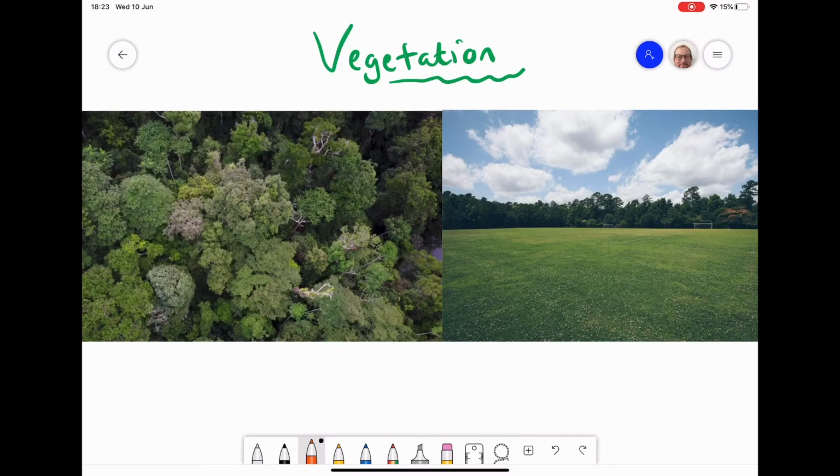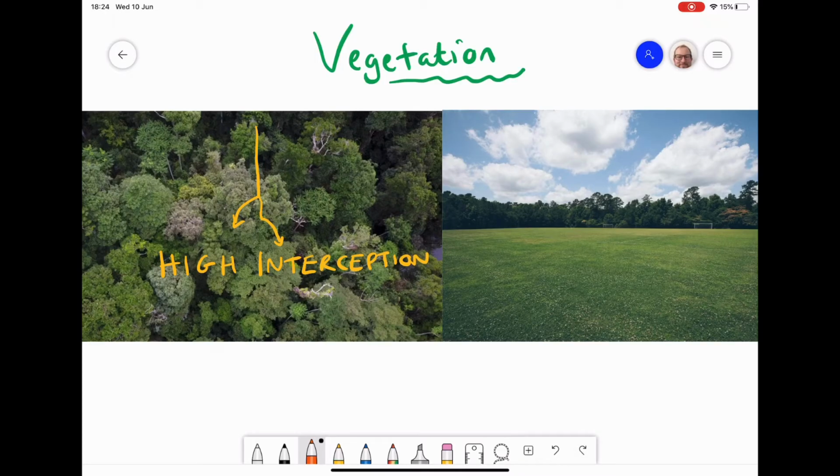The next physical factor we need to consider is vegetation. On this picture on the left, we have a heavily forested area with a large canopy. If we had rain fall onto this area, then the raindrops would be intercepted by the leaves. This area would have a high interception rate, and that would affect flooding in the following ways.